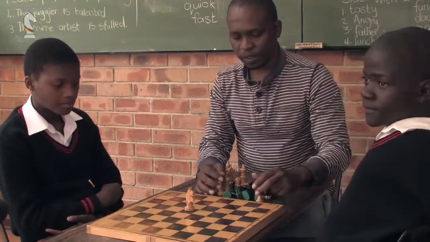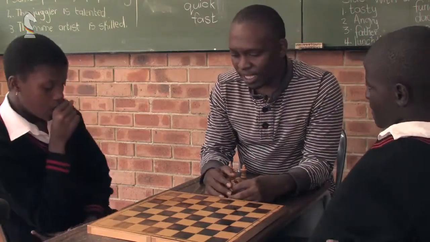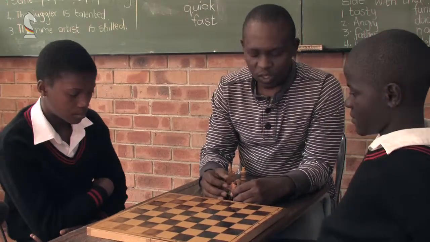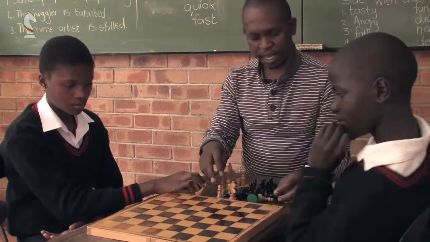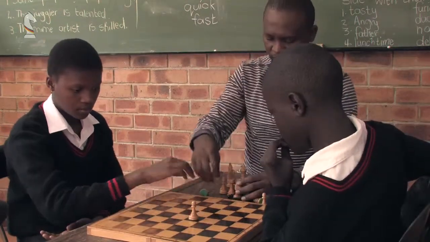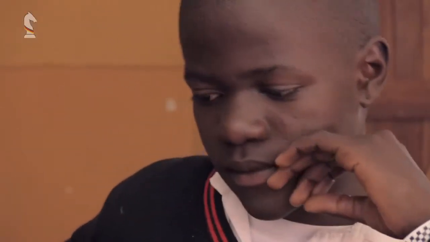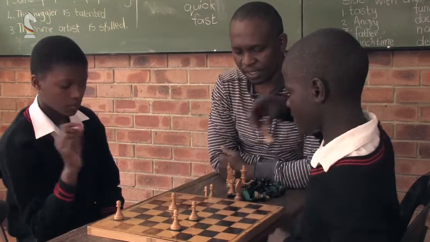So imagine again, our knight is on F3. So place the pawns for me. It's on F3. Help her, don't worry. No, the knight is on F3, yeah?